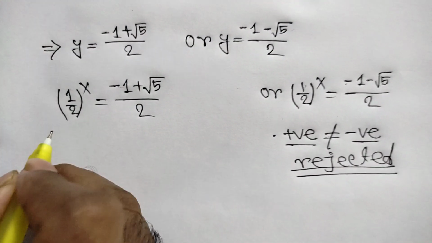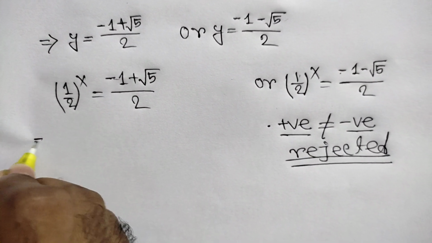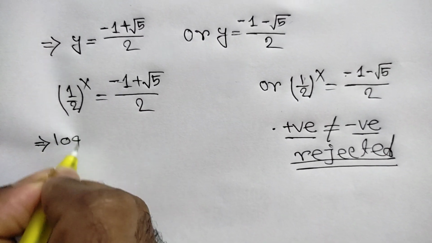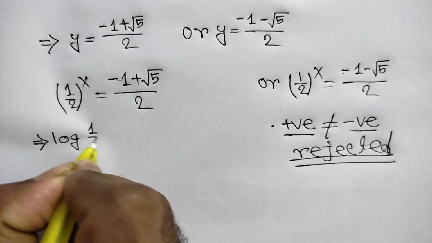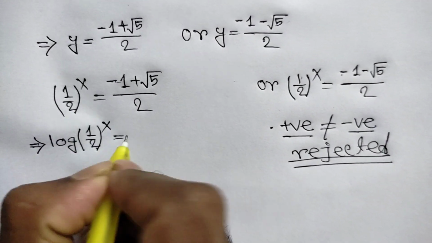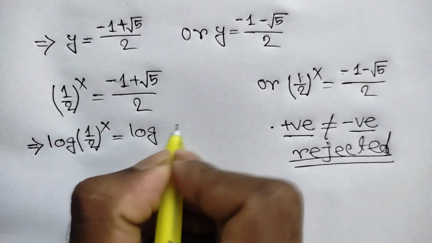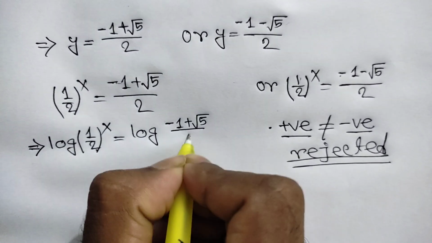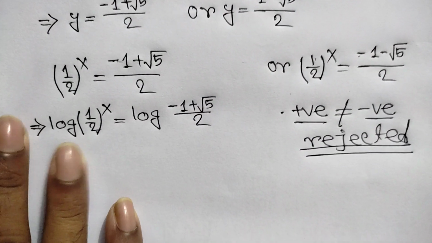Here taking log on both sides, we can write log of 1 over 2 power x is equal to log of minus 1 plus square root of 5 over 2.